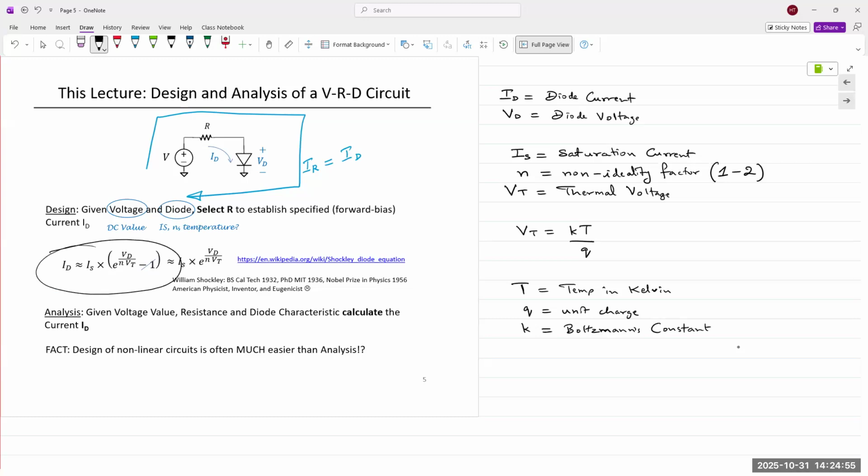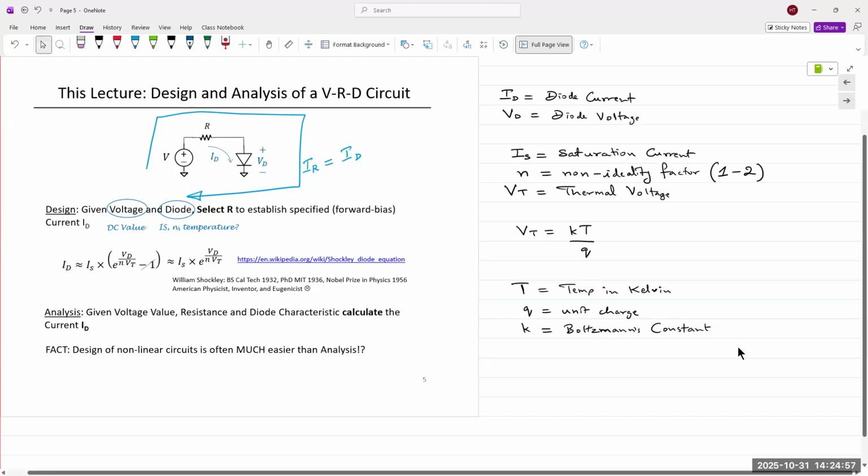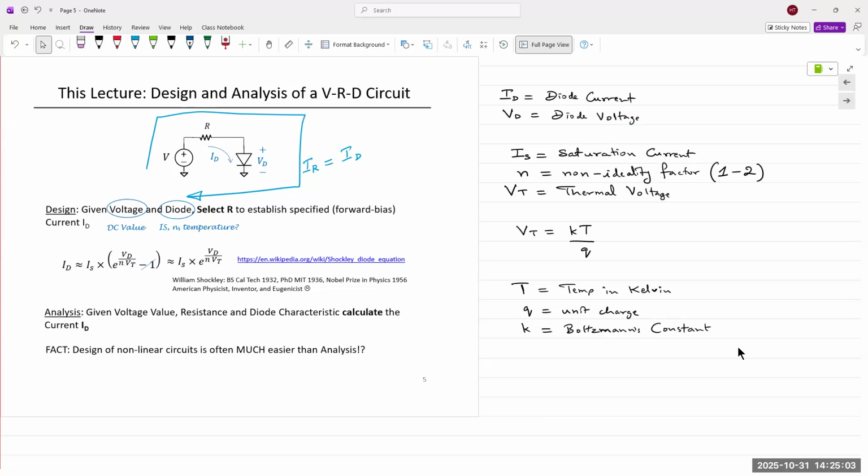It relates the diode voltage and the diode current. Now, for most diodes and most analyses, we can simplify this equation. Typically, we ignore the -1, just to simplify it. We ignore the -1.